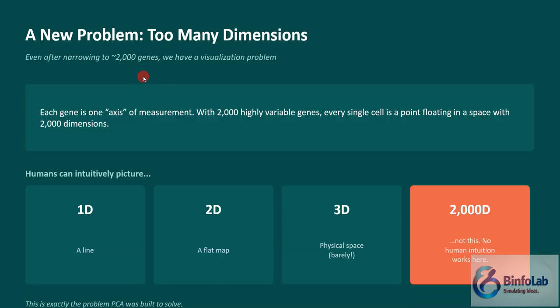Okay. Even if we are selecting 2,000 genes, we are facing another problem. We call it too many dimensions. Before diving into this slide, I will give you a slight example. Each and every one of you is aware of the 1D, 2D, and 3D concept: the x-axis, y-axis, and z-axis.